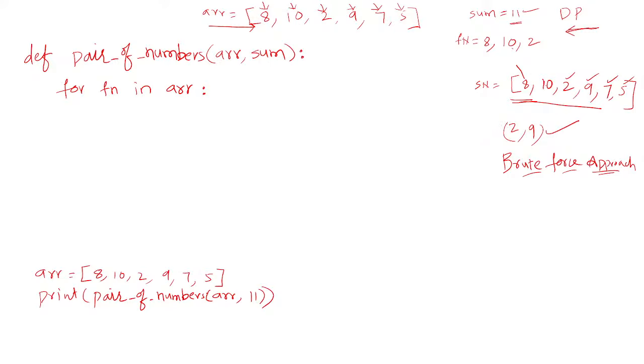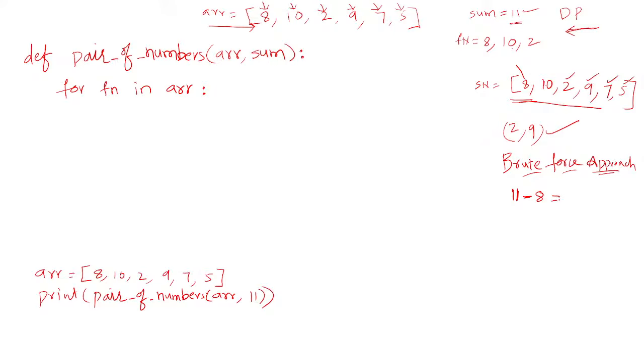Now, instead of checking for addition here, the best way is, see, this sum is already given. So what difference do you require here every time? This is the sum value we require, yes or no? And if the first number is 8, then what is the second number?